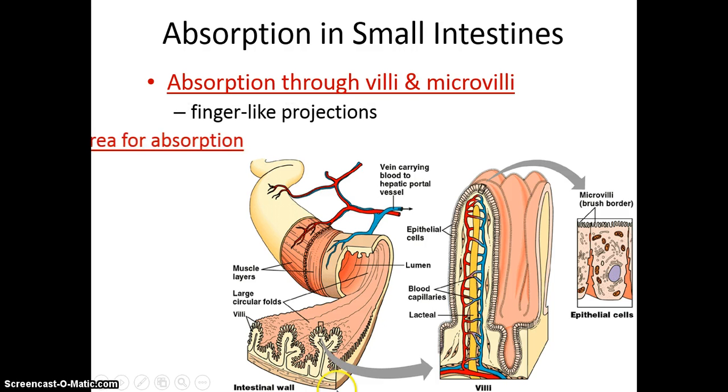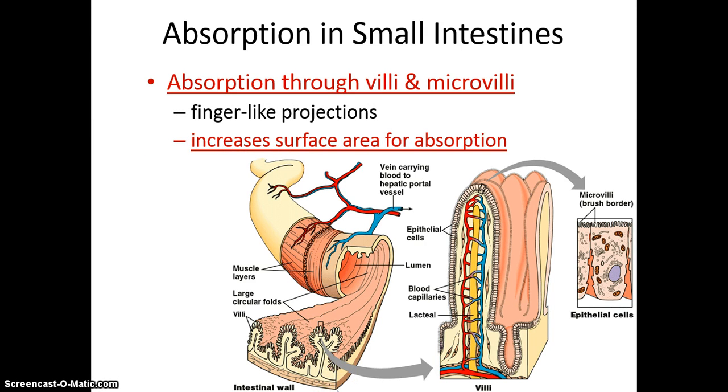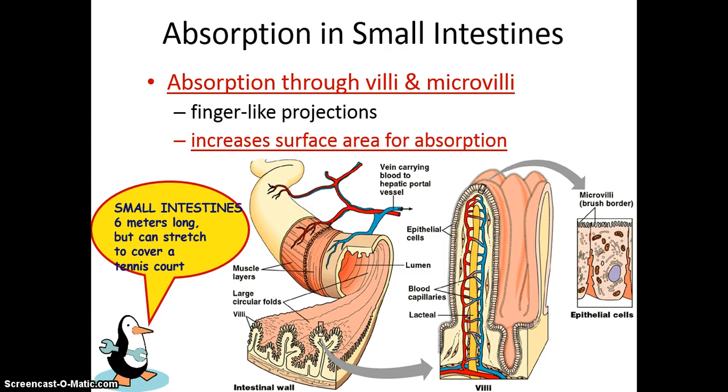And this serves to increase surface area for absorption. So the more surface area, the more contact you have with the nutrients that are being transported, and the more readily they can be absorbed. If you were to look at the surface area of your small intestine, it can stretch to cover about the size of a tennis court, just to give you an idea of what you're dealing with.